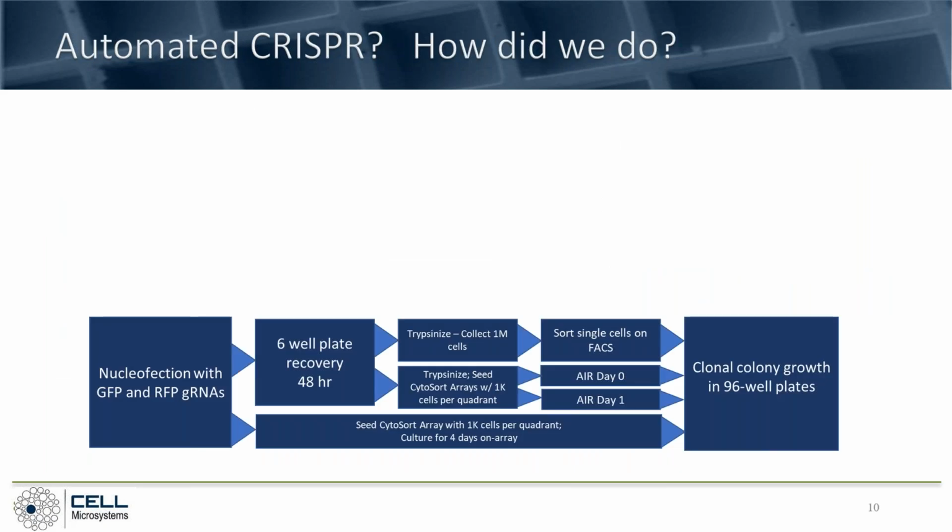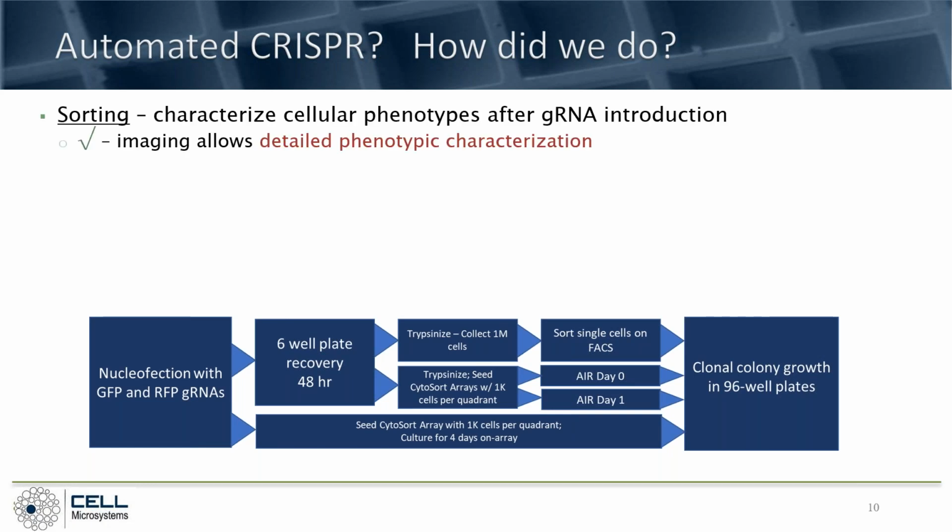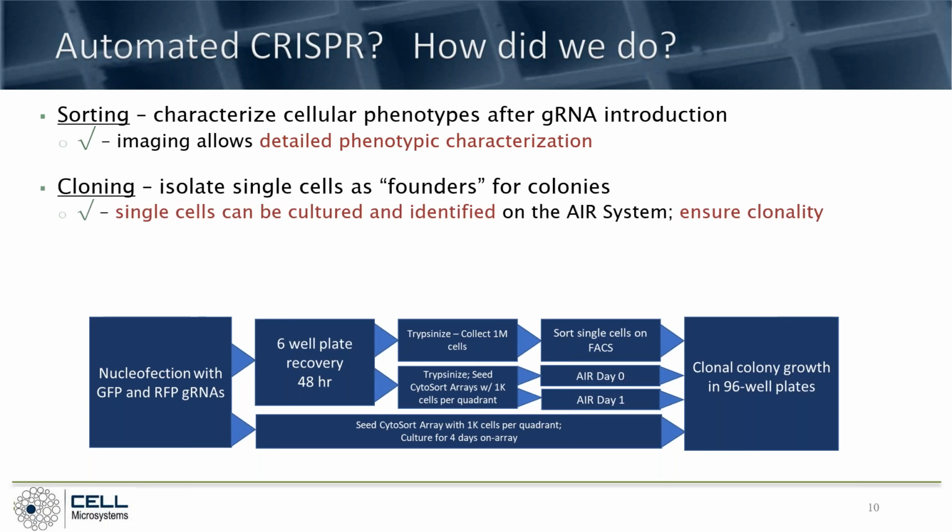So back to this idea of automated CRISPR and evaluating how well we did. In terms of sorting, we wanted to be able to characterize our cellular phenotype, and we've shown that using imaging on the AIR system, we're able to have a detailed phenotypic characterization.